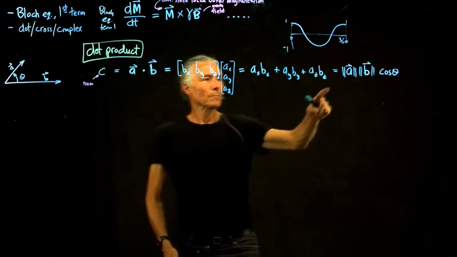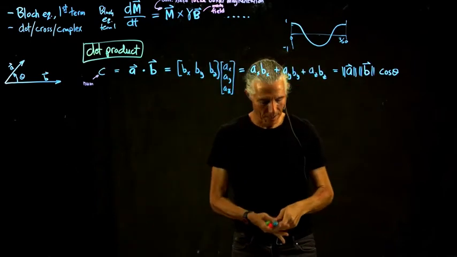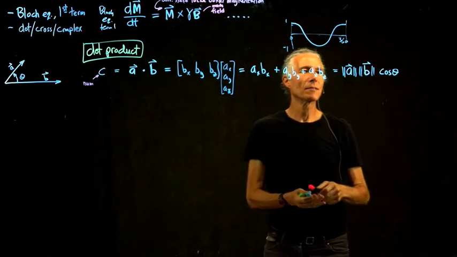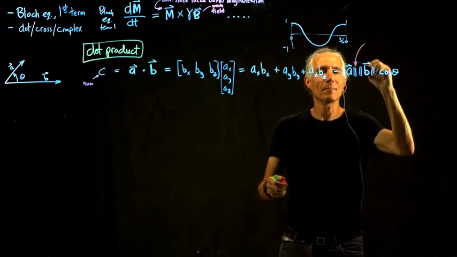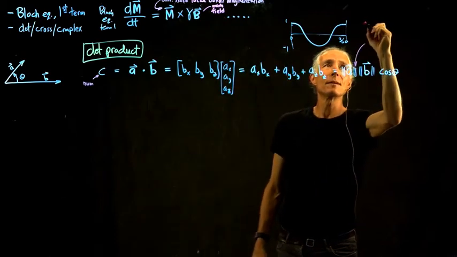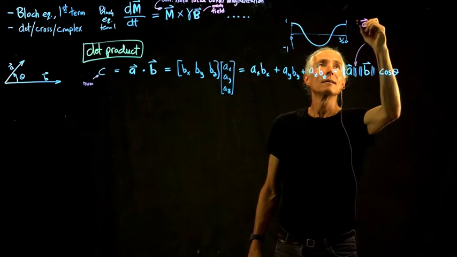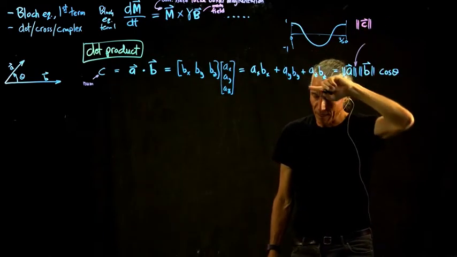Okay, but we didn't explain this. How does this equation actually work? What does this mean right there? If we do it for three dimensions, what's the equation for calculating the length of a vector?